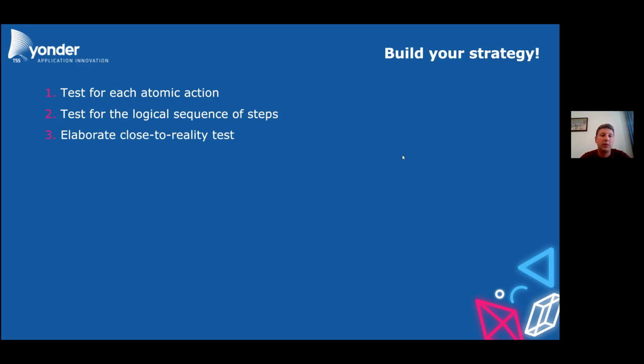Then, based on the logs from production or any development environment, we have to take the duration time between the user actions to elaborate a close to reality test. For example, we have the terms and conditions section when you install a new app, and there is a scroll there that you have to move down in order to agree and to go to the next step of the installation.